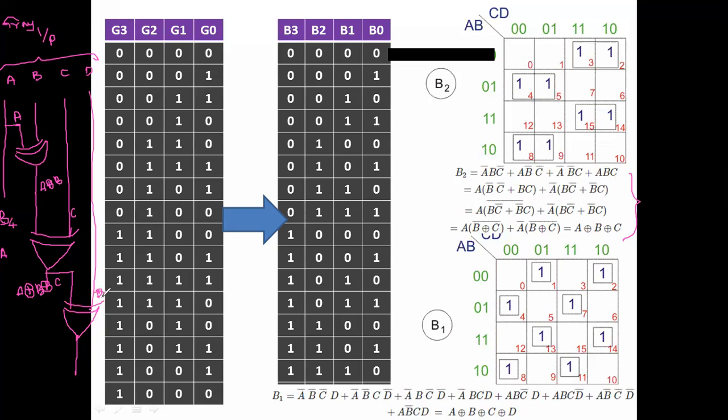So the result of the previous process is XORed with the next bit. So the final result is A XOR B XOR C XOR D. So this is the result.